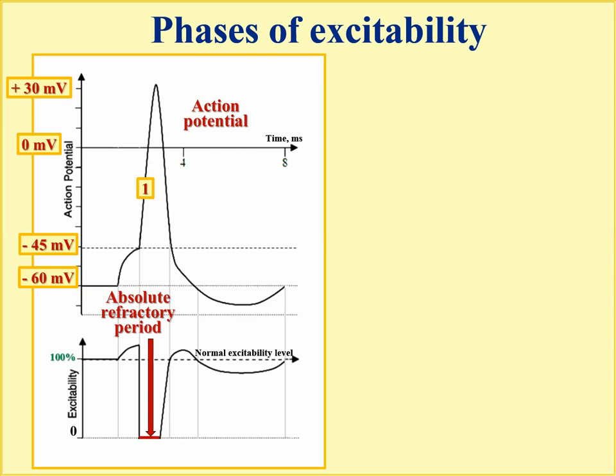So from the moment when the action potential reaches the threshold, minus 45 millivolts in this case, the excitability immediately drops down to 0, from even higher than normal. At this moment, when all channels become open, it goes in the opposite direction. Excitation is in progress, but excitability becomes 0 because this excitation is a response to previous stimulation.